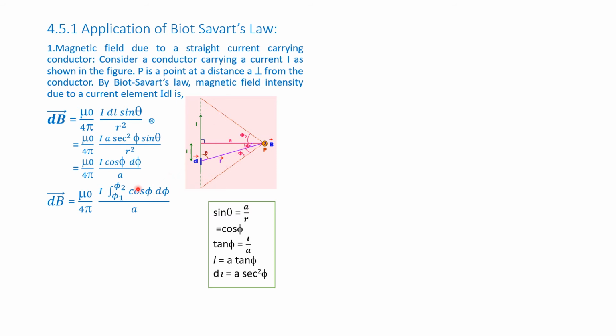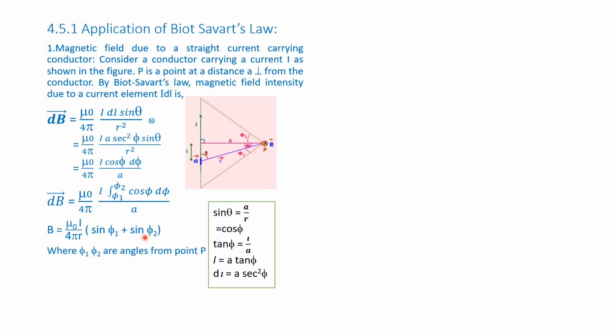So integral phi 1 to phi 2 cos phi d phi divided by A. That becomes, dB becomes magnetic field B, that is given by mu naught I over 4 pi R into sin phi 1 plus sin phi 2.